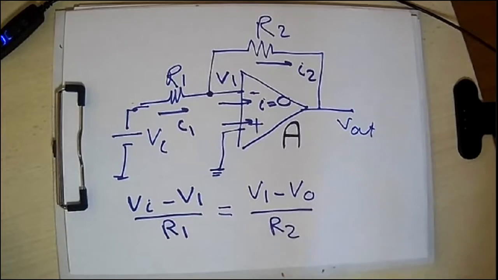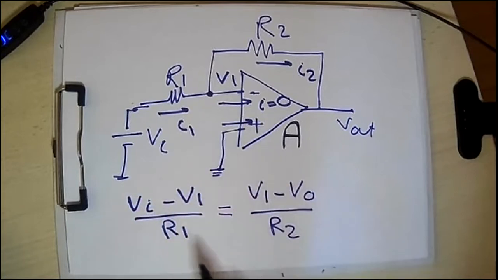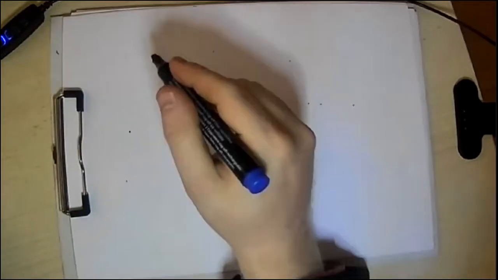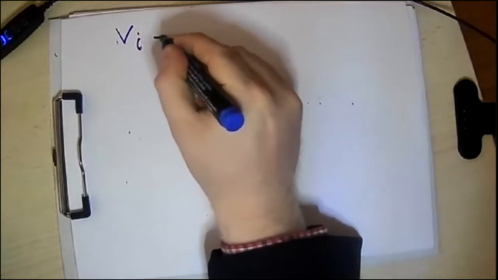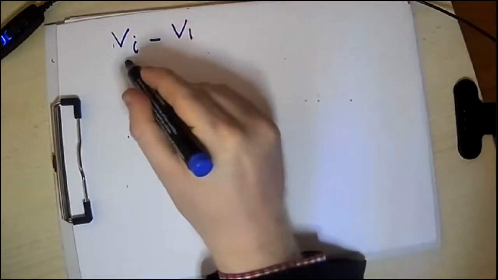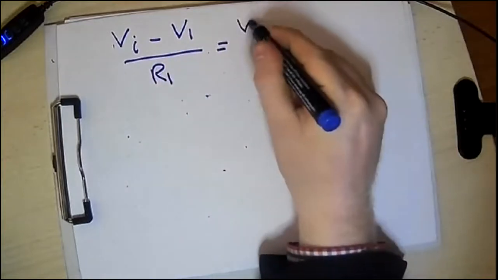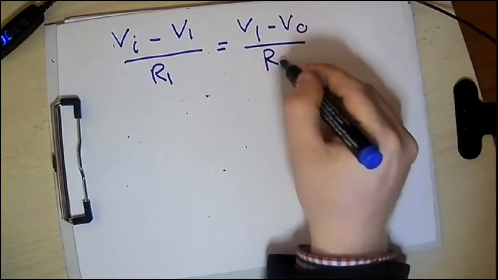As you can see, using this relation, you can easily write V input minus V1 over R1 equals V1 minus V output over R2.